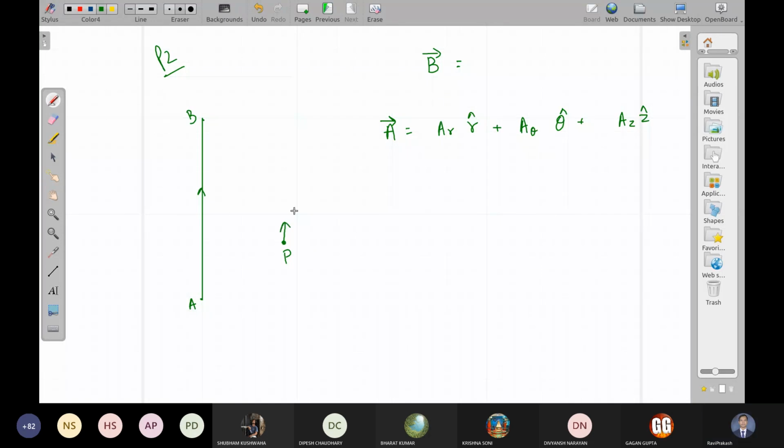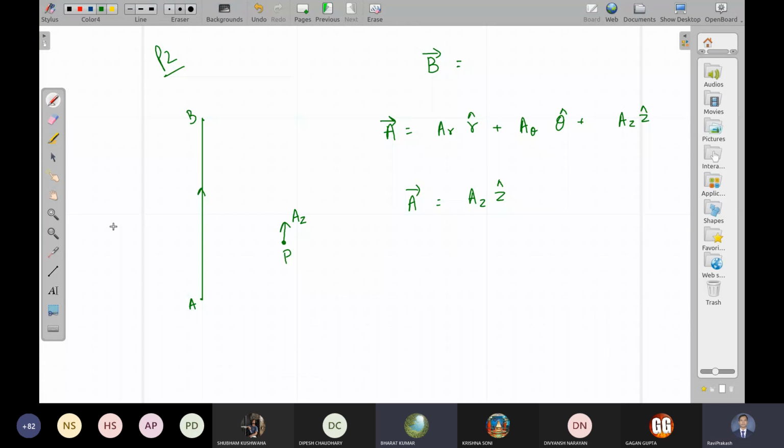Az. Okay. So vector A is simply Az z cap. What type of loop do you want to make? किस तरह का loop आप बनाना चाहेंगे? सर्कुलर ही होगा सर.